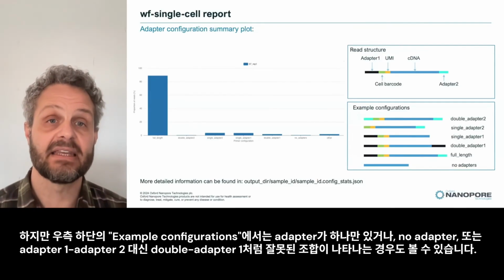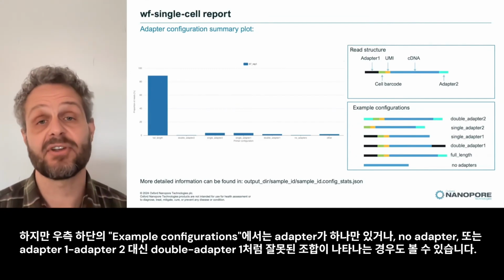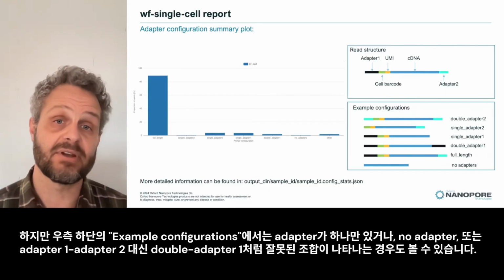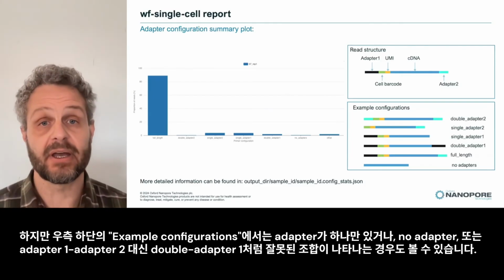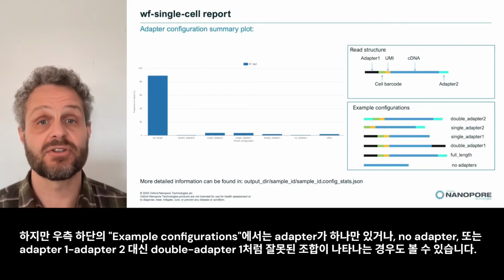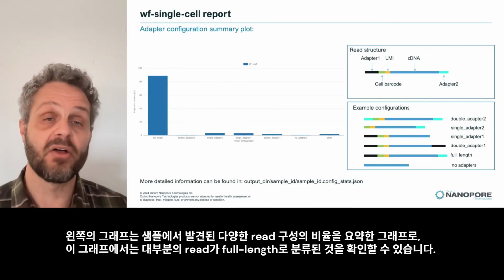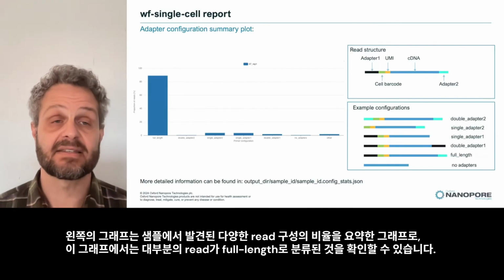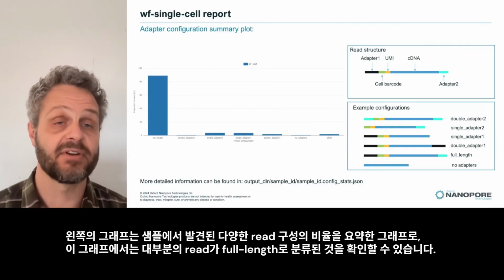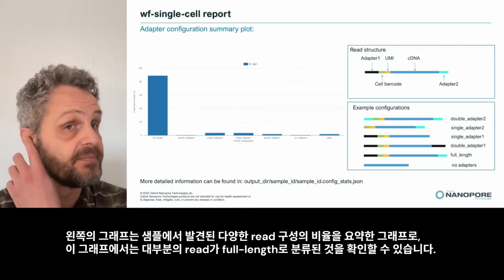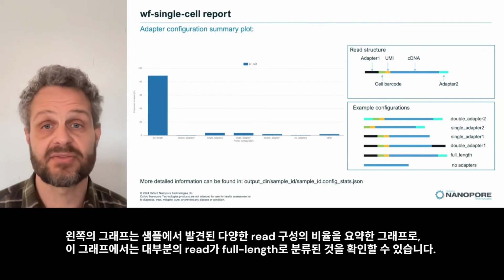But below that, in the example configurations, we can see that sometimes we see different configurations, such as read segments with only 1 adapter, or the wrong types of adapters, so 2 adapter 1s instead of an adapter 1 and an adapter 2. And the plot on the left summarizes the proportions of the different read configurations that we find in the sample. In this example, most of the reads are classed as full length, which is good.